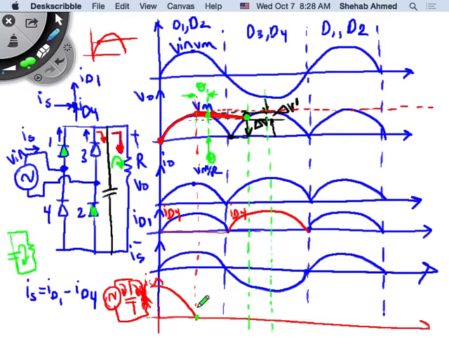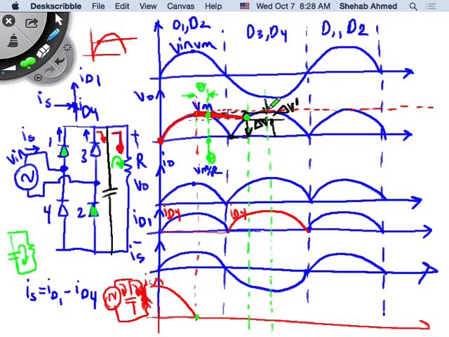And then I stop charging my capacitor. Diode 1 and 2 have disconnected my RC circuit from the source. So my supply current will stop. It charges the capacitor and that's it. And then it's zero, because diode 1 and 2 are disconnecting the RC circuit from the supply.